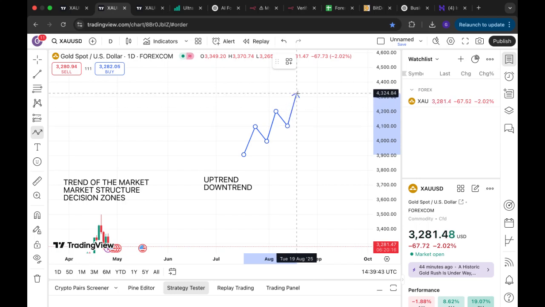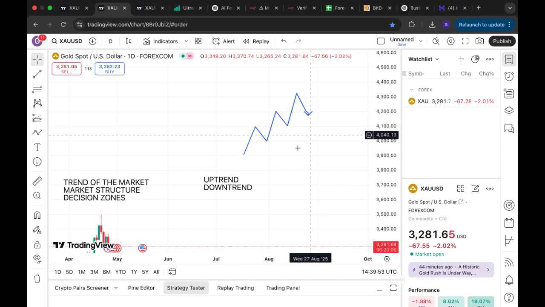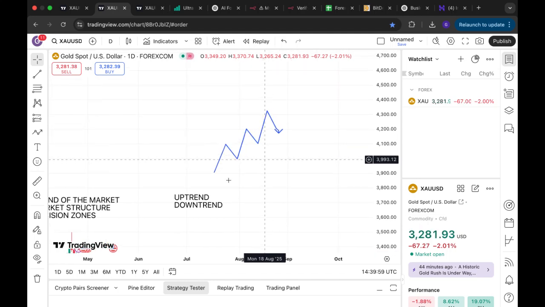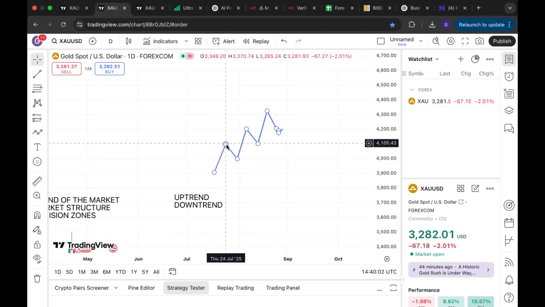And finally it does this. So whenever I see price make this movement, I establish that the market is generally in an uptrend. So when I see price do this, I decide and establish that the market is in an uptrend. Okay, so that's for an uptrend.